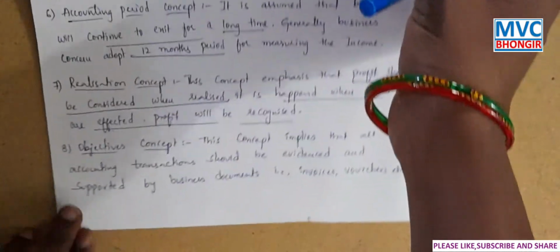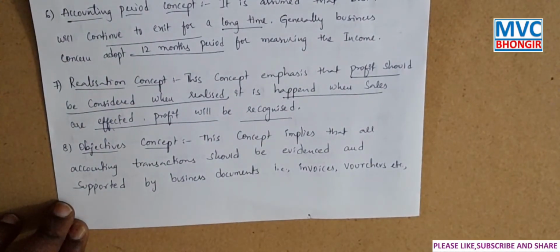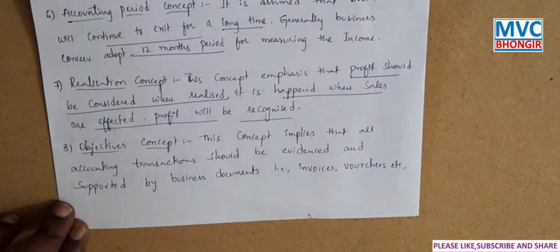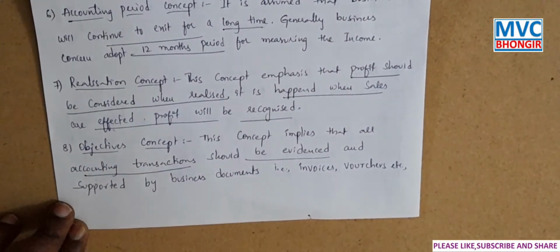So the next one is the objectivity concept. This concept implies that all accounting transactions should be evidenced. We should have an objective basis to write the accounting.